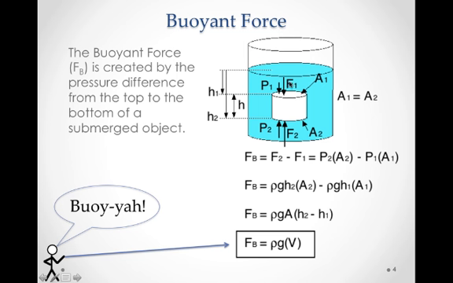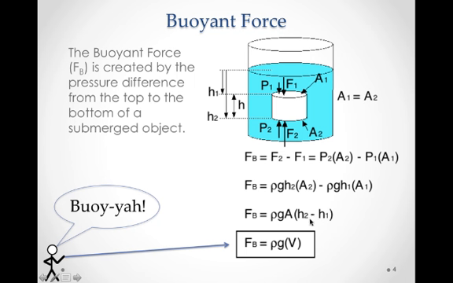If we plug in our two different gauge pressures, we get this final equation: the buoyant force is equal to the density of the liquid times gravity times the area times the change in depth.